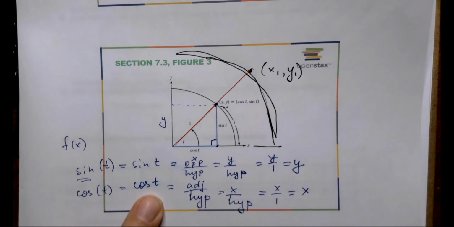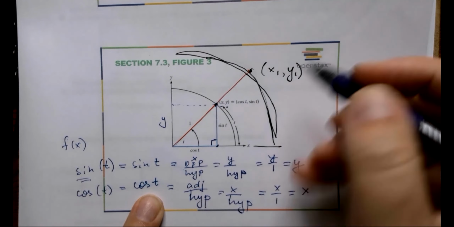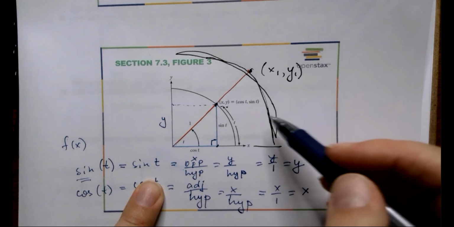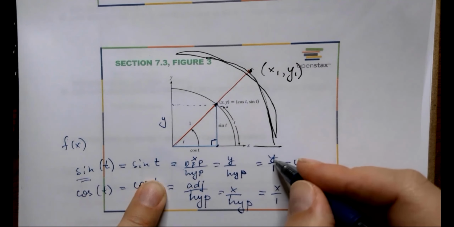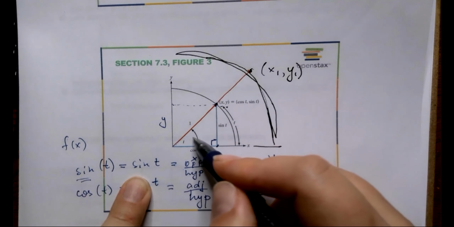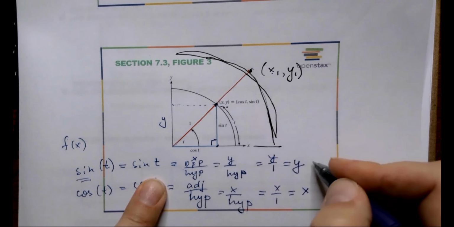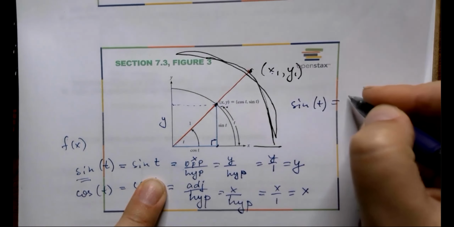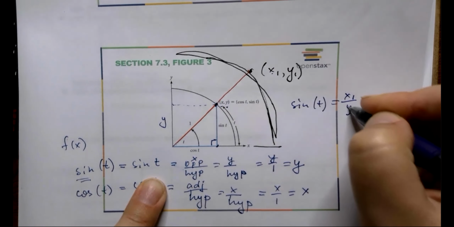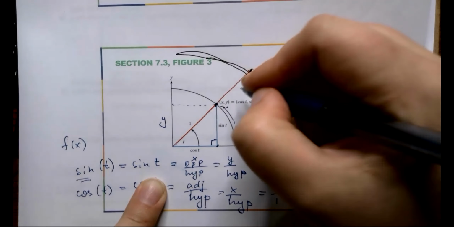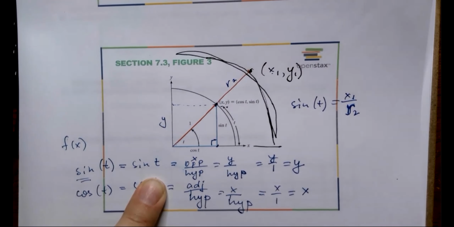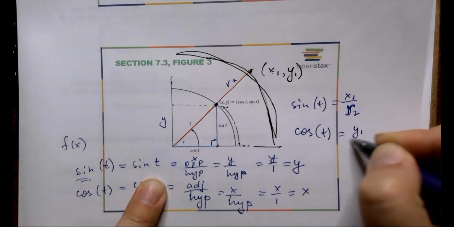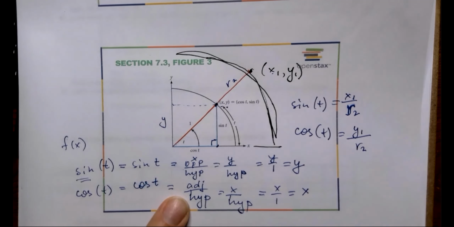So I just want to point out that when you're figuring out the sine of this angle t, the sine of t will be your point x1 divided by the radius of this circle, right? And the cosine function will be coordinate y divided by the radius of that circle.